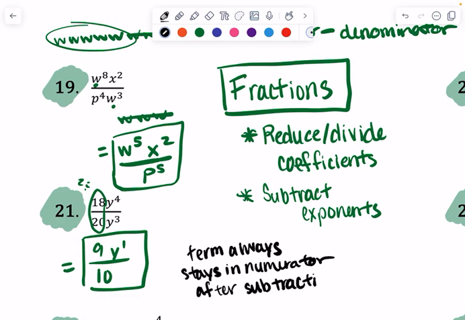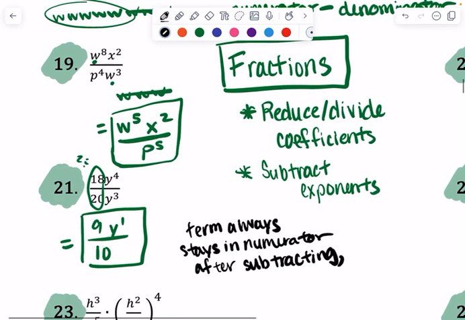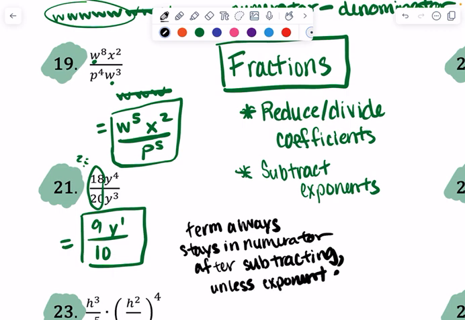So if you subtract and you get a negative exponent, that's when you want to move it then. Otherwise, it stays right there in the numerator.